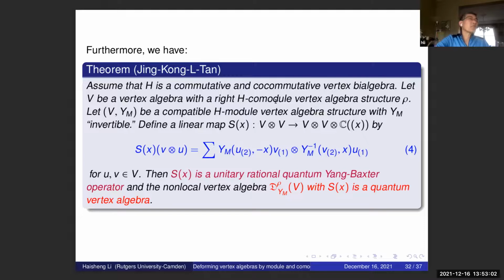So in general, it's not easy to get explicit deformation. That's why, in this case, in the whole proof, you see that we need the commutativity and the co-commutativity to get this. So that's the result here.